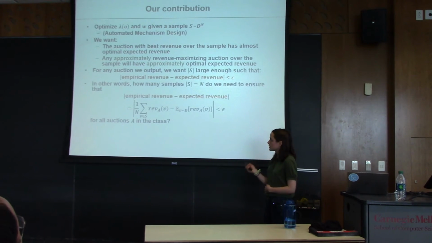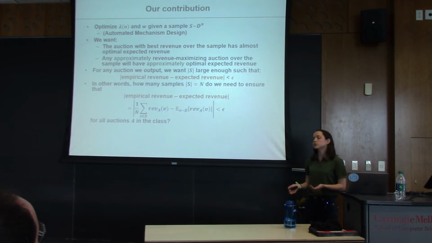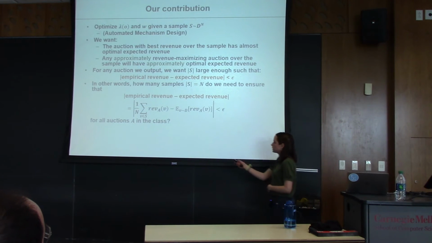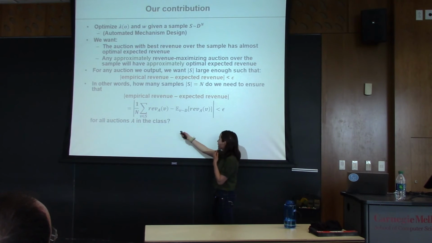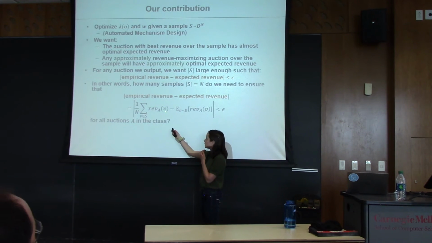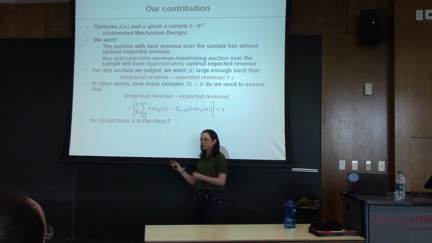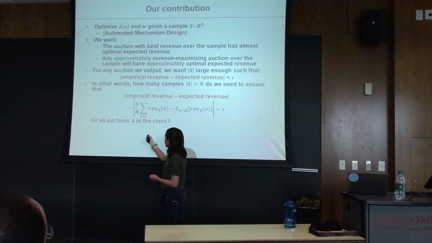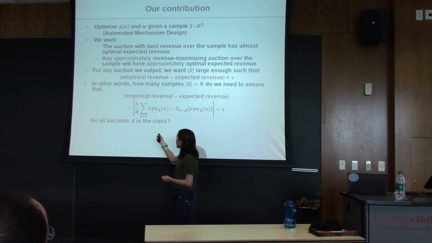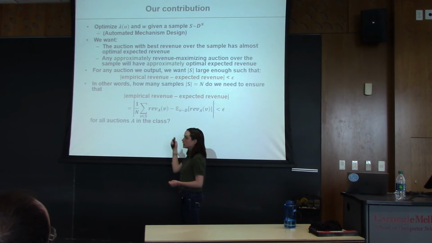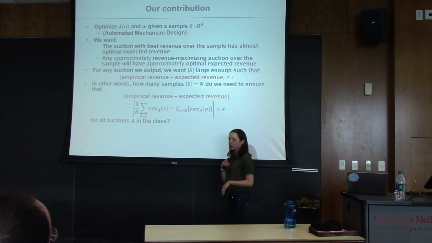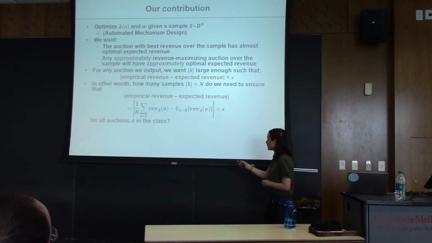More specifically, how large does S have to be to ensure that the empirical revenue is close to the expected revenue? Here, rev sub A of V is the revenue of auction A, a specific auction, on the bidding instance V, the vector of valuations.